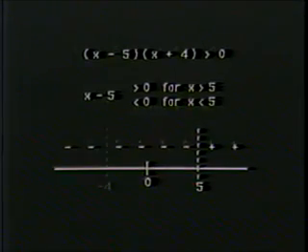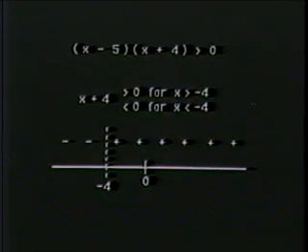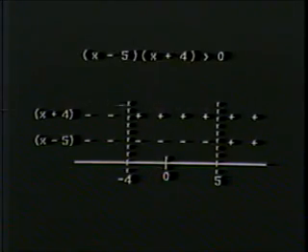Then we do the same thing for the other bracket, x plus 4. The picture shows which values of x will make x plus 4 positive and which values will make it negative. Then we put all of that together in one picture and look at it very closely.